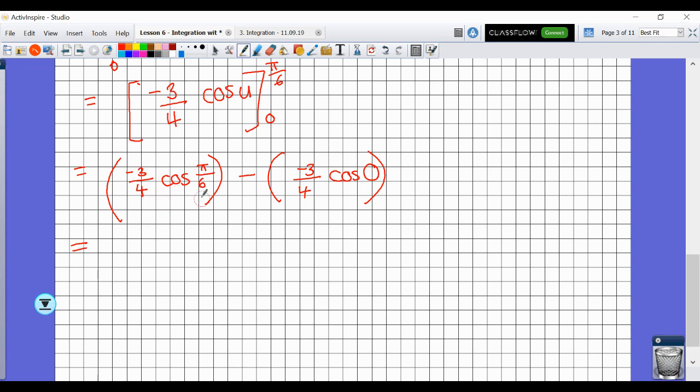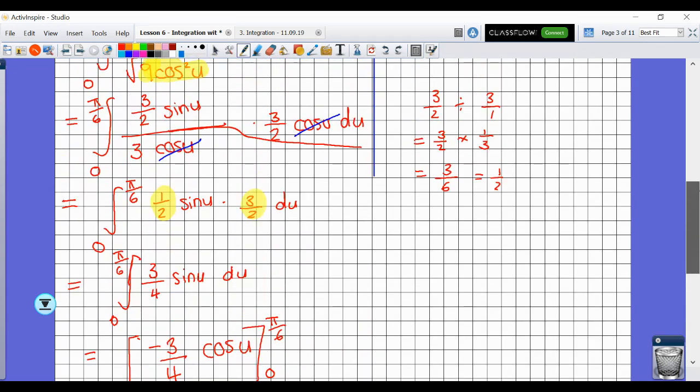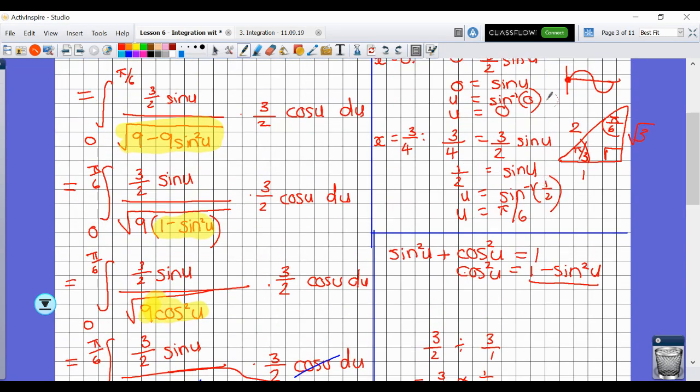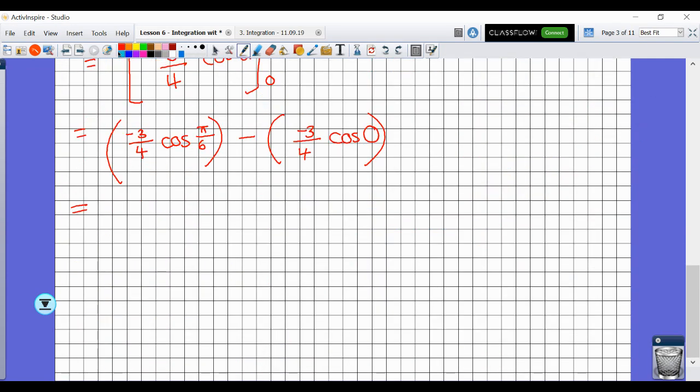So I want to work out cos of pi over 6. I'm just going to scroll up till I can see that triangle that I had earlier. So cos of pi over 6, adjacent over hypotenuse, so root 3 over 2. Okay, so I've still got my negative 3/4 times root 3 over 2 minus negative 3/4 times cos of 0.